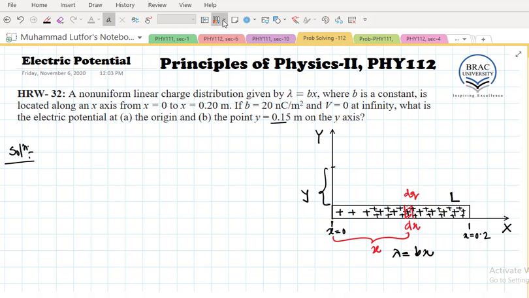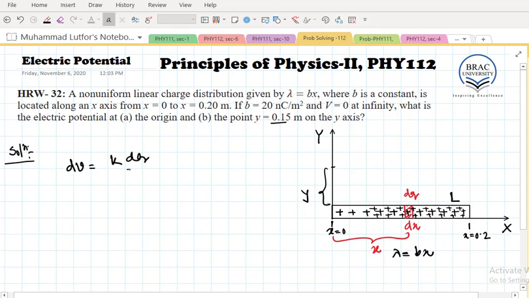Now we can find the potential of this differential element at the origin: dV would be k times dq divided by x. This is the definition of potential for a point charge, which we can use here.